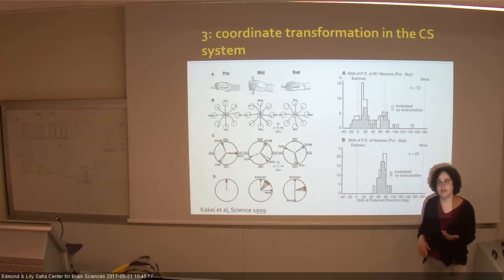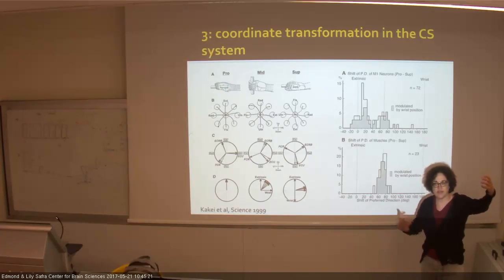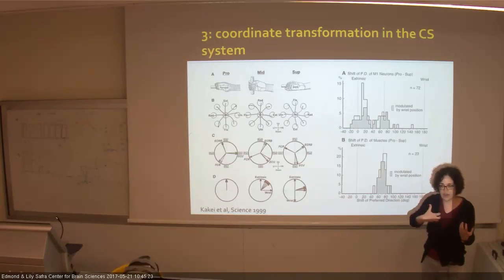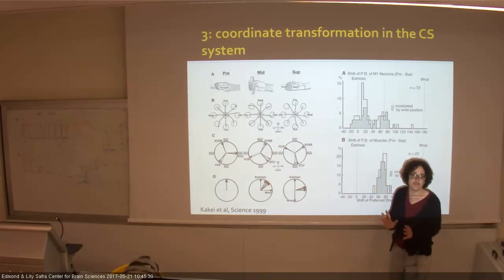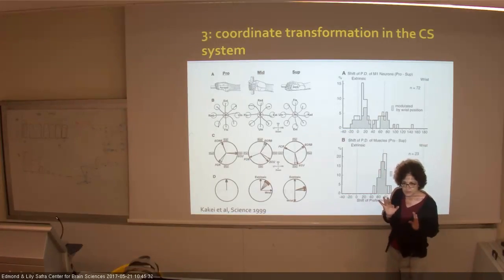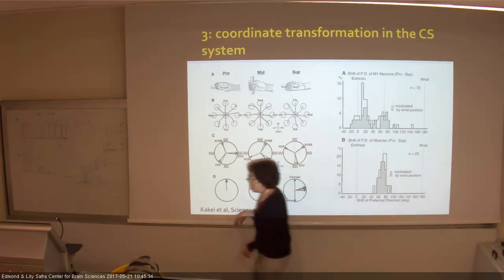So you can say that in the motor cortex there is a representation of space and muscle, and the translation from space to muscle takes place already within the motor cortex.